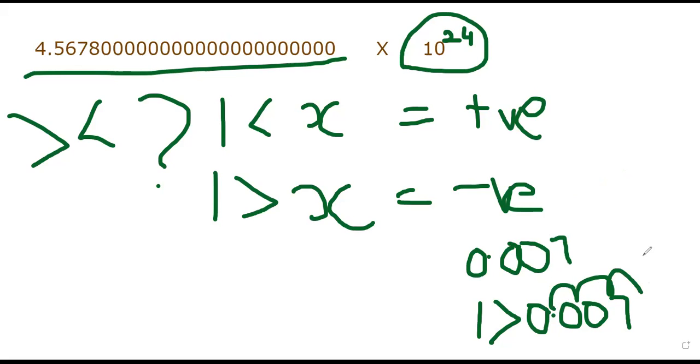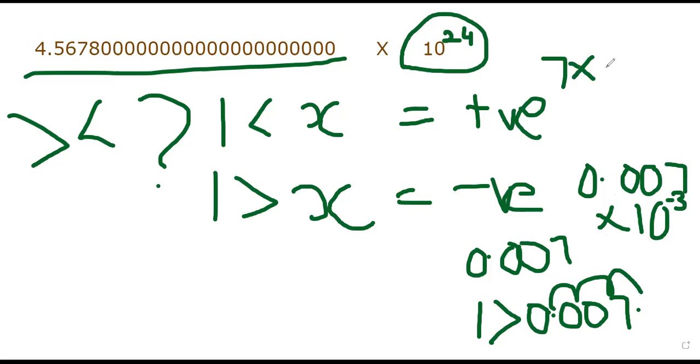So here 0.007 will change powers. It will become 1, 2, 3 jumps. Then the scientific notation will be 7 into 10 to the power minus 3.